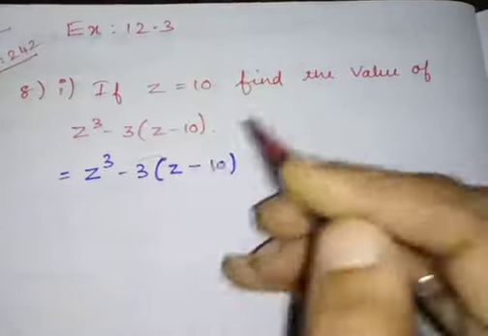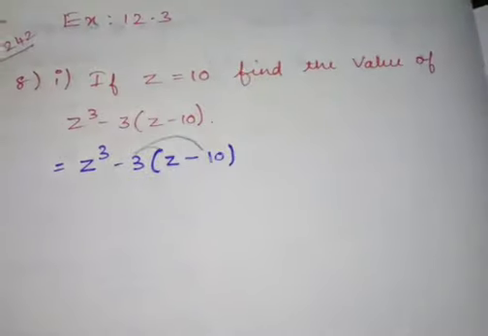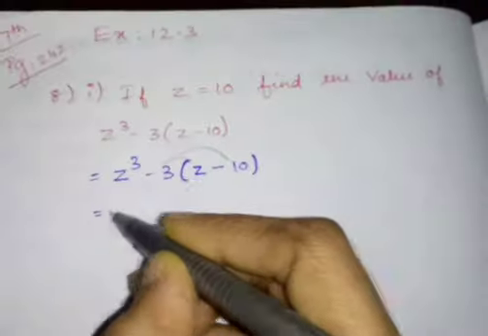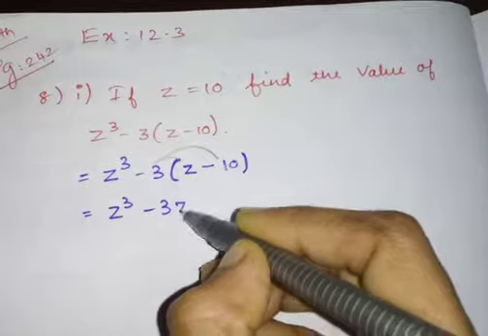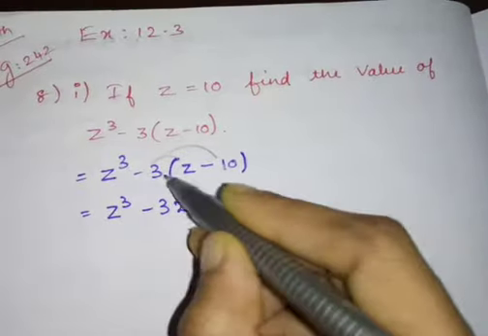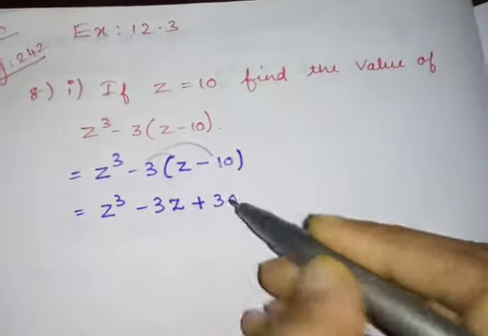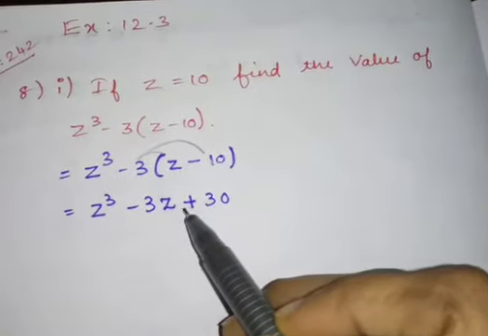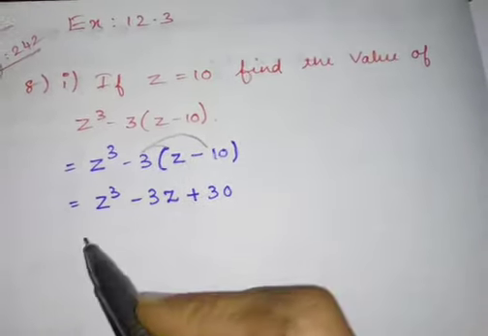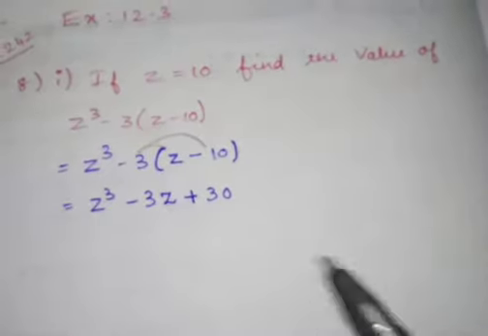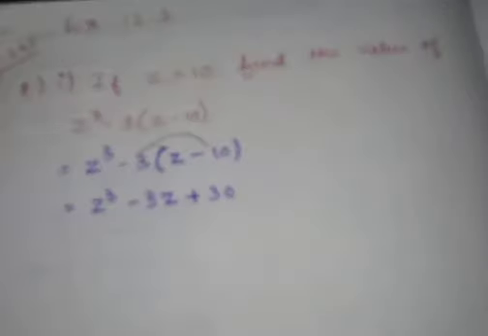This minus 3 is common for z as well as minus 10, correct? So z cube minus 3z, minus into minus plus 3 into 10, 30. So this is the expression.